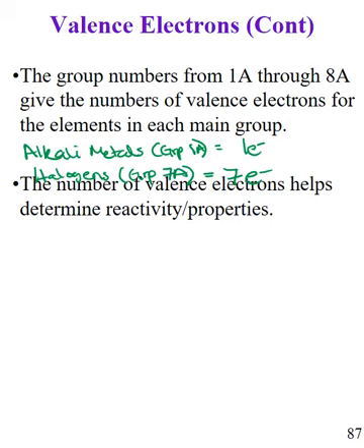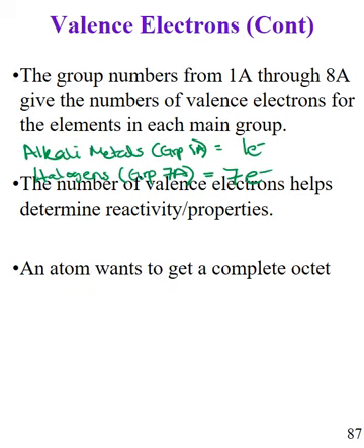The number of valence electrons helps determine reactivity and properties, and we've already somewhat talked about this before in previous chapters. An atom wants to get a complete octet. Why do you think they want to get an octet? Because this gives them a full subshell, or a full shell.